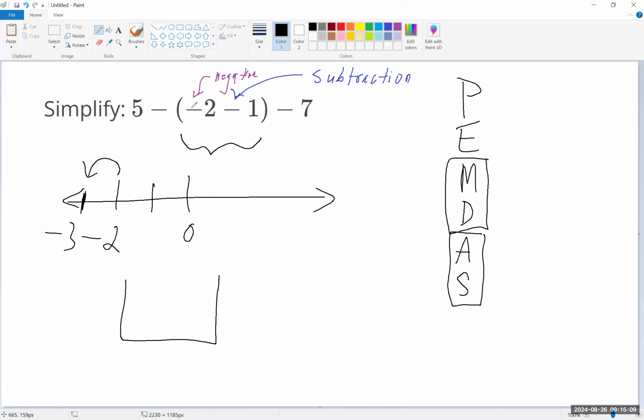One way would be to change the subtraction to addition and change the 1 to a negative. So it's like you're really adding 2 negatives to another negative. So you get, again, -3.